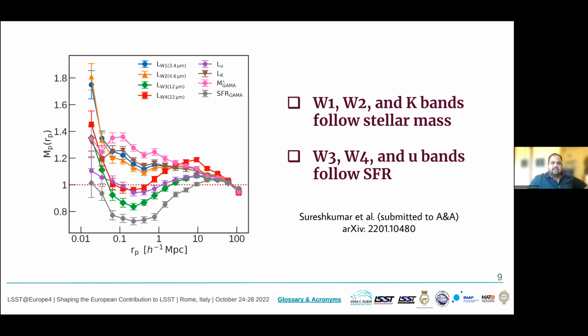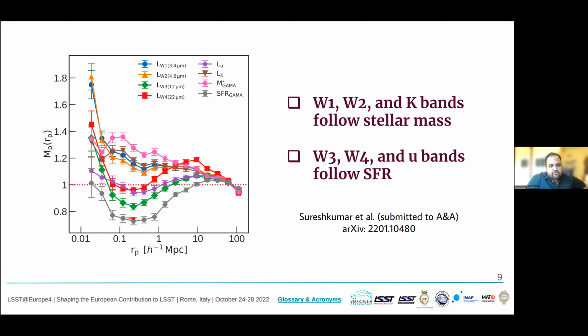And then later in the next work, which is currently under review, we use the WISE bands, the mid-infrared bands of WISE, where the W1 and W2 bands are at 3.4 and 4.6 micrometers, then W3 and W4 at 12 and 22 micrometers. So here what you see is this one is the stellar mass, the pink one.